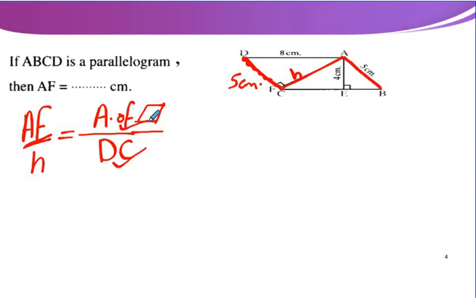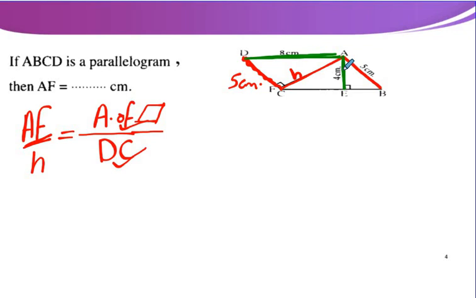To find the area of the parallelogram, as we said before, the area of a parallelogram equals base multiply height. Search for a base and another height. Here we have the base AD and its corresponding height, which is AE.